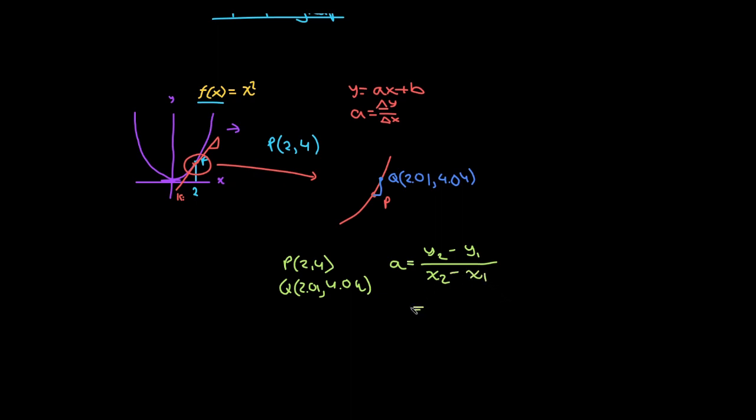Alright, and now we'll just plug this in, see what it gives. That's going to be 2.01 minus 2. Oh, actually, that's not correct. That should be 4.04 minus 4, like that. Alright, and this is going to be, put it in my calculator, that's exactly 4.